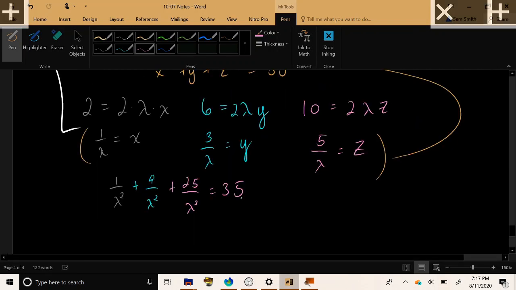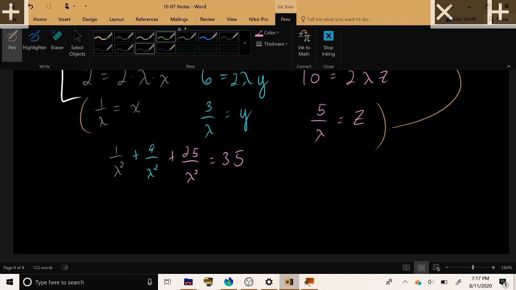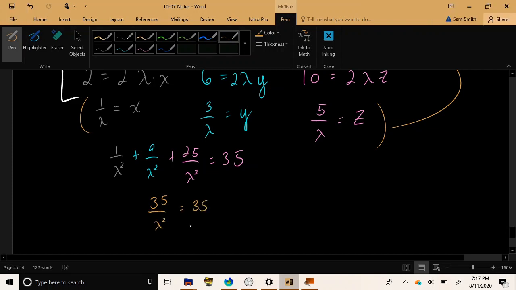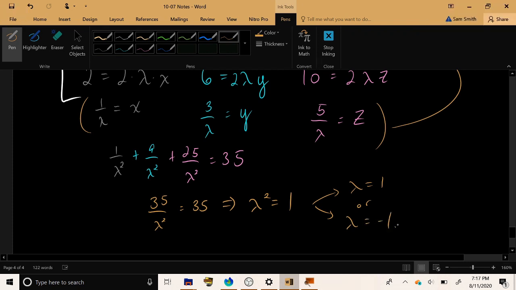Now if I add this up and simplify, we get on the left-hand side 35 over lambda squared is equal to 35. Or, in other words, lambda squared is equal to 1, which leads us to 2 possibilities: lambda is equal to 1, or lambda is equal to minus 1.